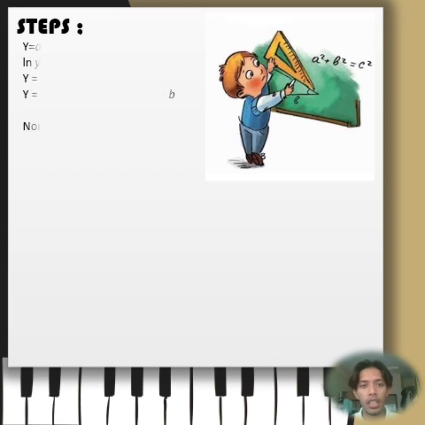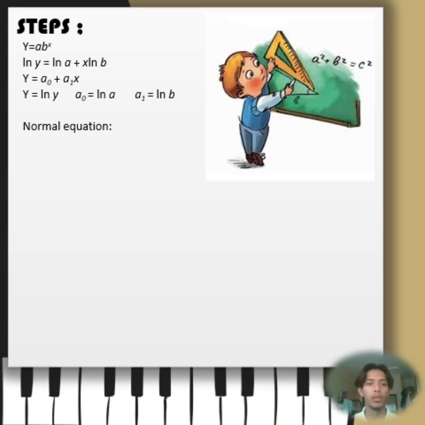And that is y equal to a power of x, so ln y equal to ln a plus x ln b.